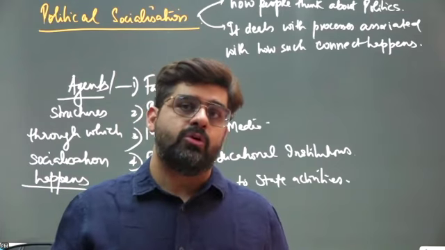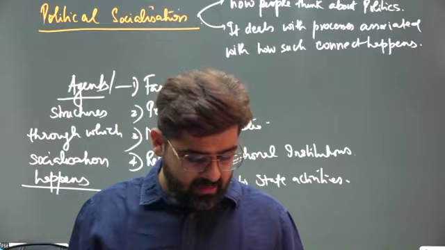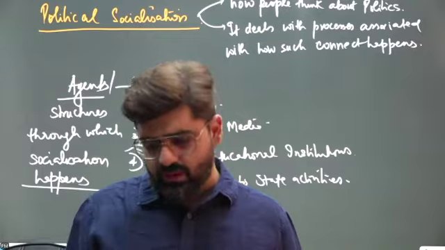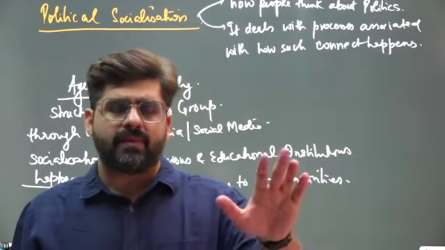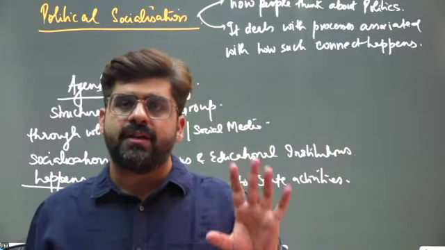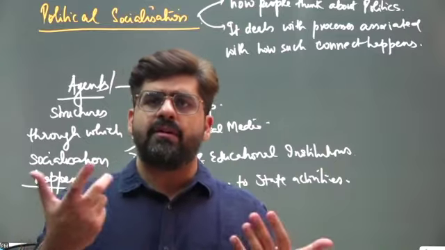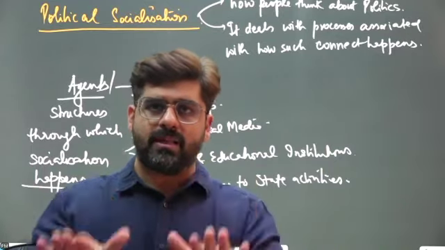How is it able to do so? Can you tell me this? How is a liberal country able to do so? Because an authoritarian country can simply say that no, we are not allowing freedom of speech and expression and the associated activities of pressure groups and political parties, so they can maintain their stability.